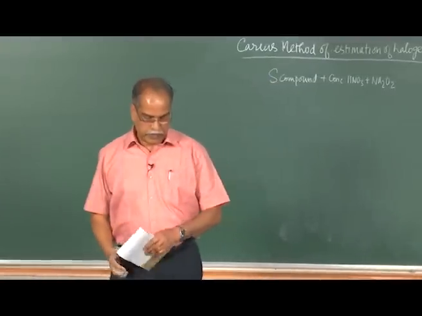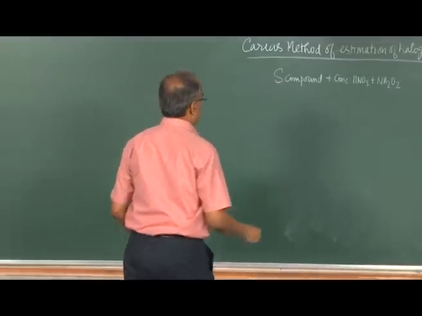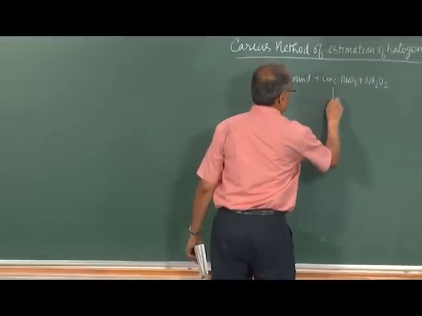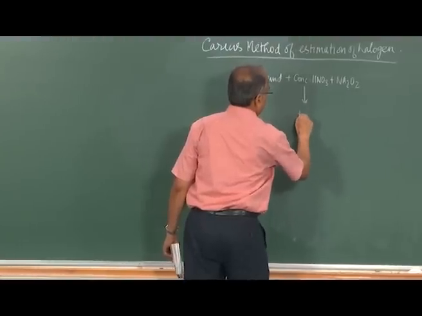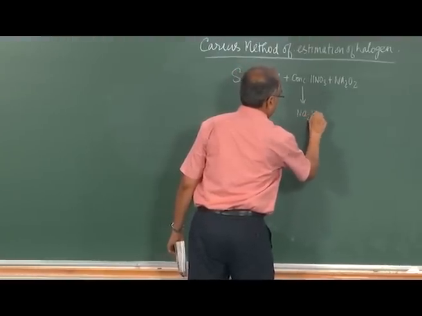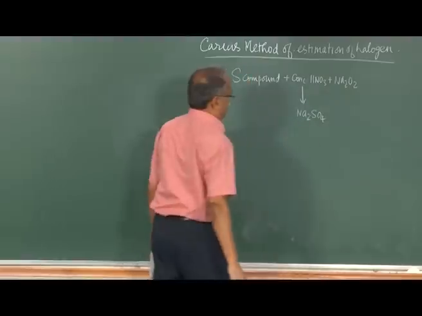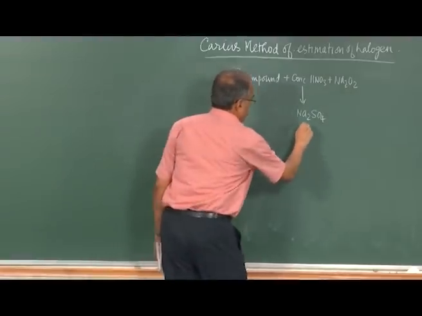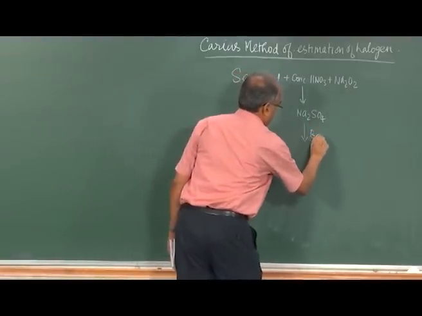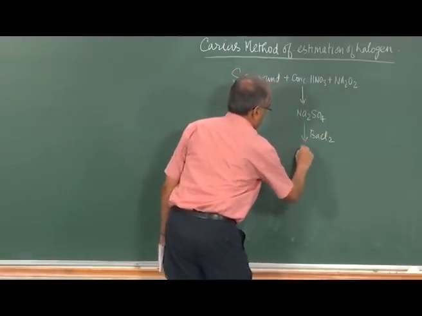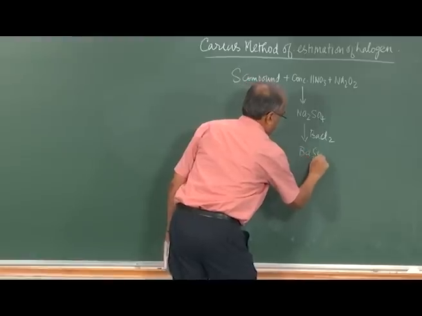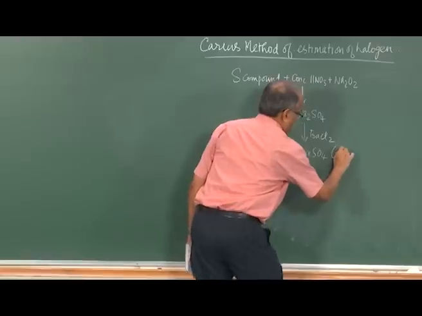So, concentrated nitric acid and sodium peroxide essentially converts the compound into sodium sulfate, to which barium chloride is added. A solution of barium chloride is added, which forms barium sulfate, which is an insoluble precipitate.